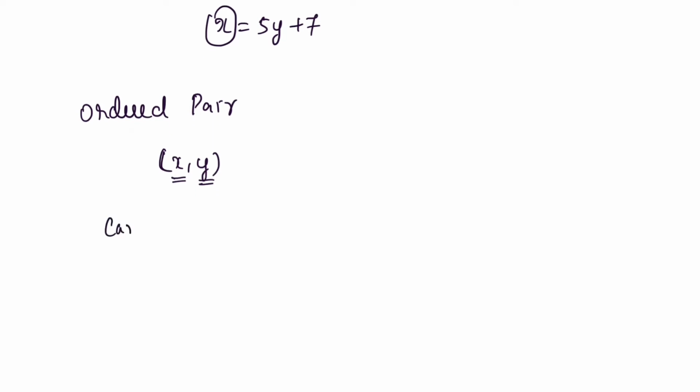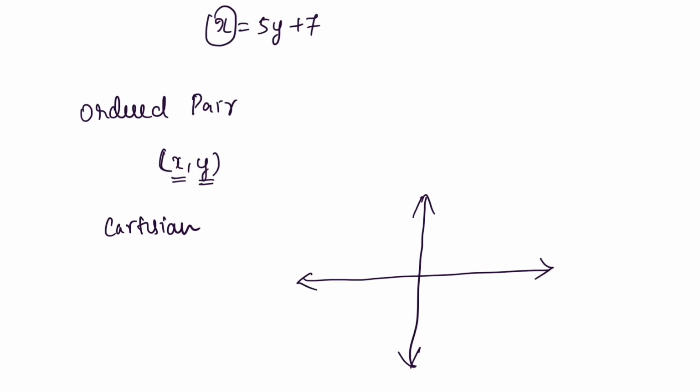Now coming to the Cartesian plane. In the beginning I explained that coordinate geometry uses two mutually perpendicular number lines. This will be a number line 1, 2, 3, 4, 5, minus 1, minus 2, minus 3, minus 4. This is the x-axis and this is the y-axis. A Cartesian plane consists of two mutually perpendicular number lines intersecting each other at 0.